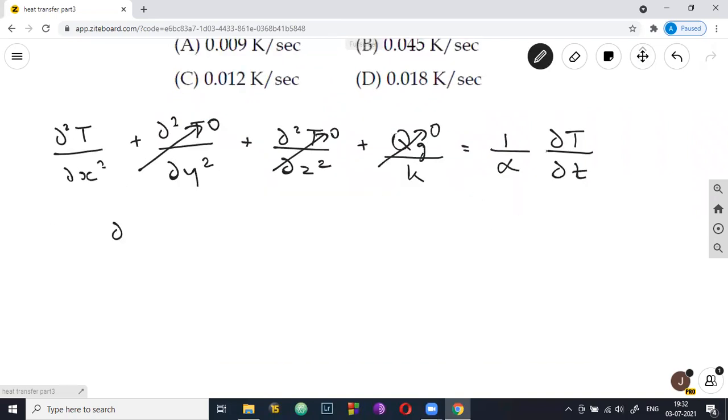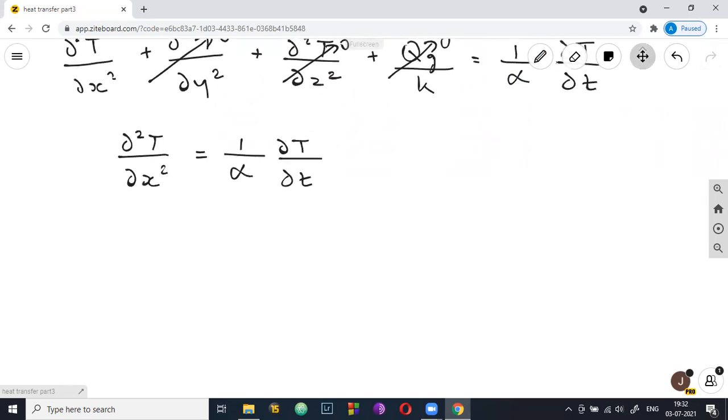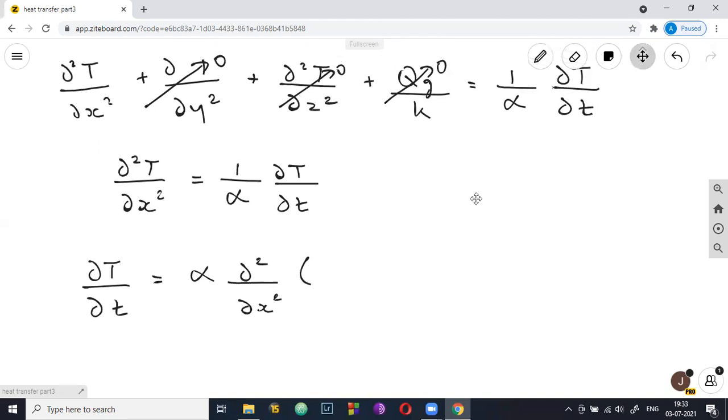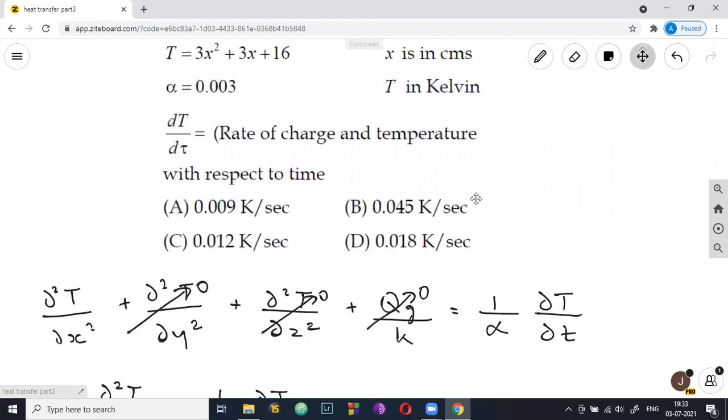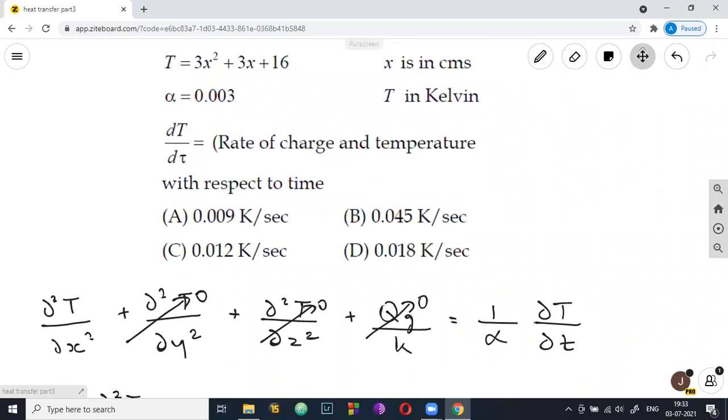So what is the equation? Del square T by del x square is equal to 1 by alpha del T by del t. So del T by del t is equal to alpha into del square by del x square into what is the equation of temperature in terms of x? 3x square plus 3x plus 16.